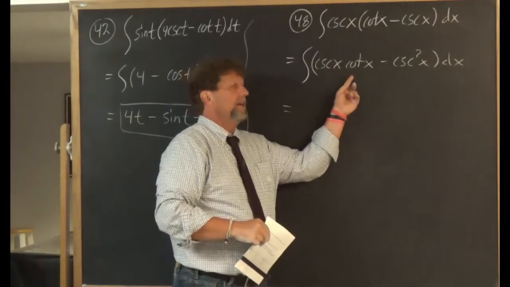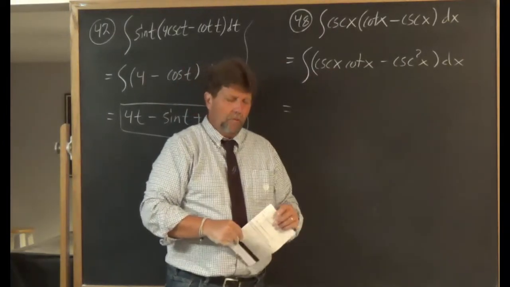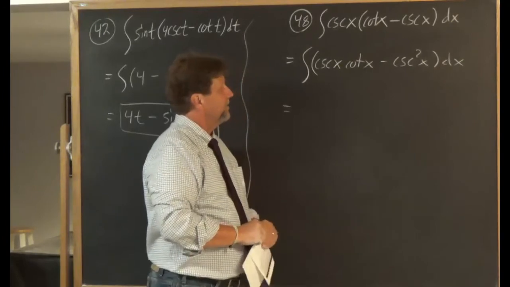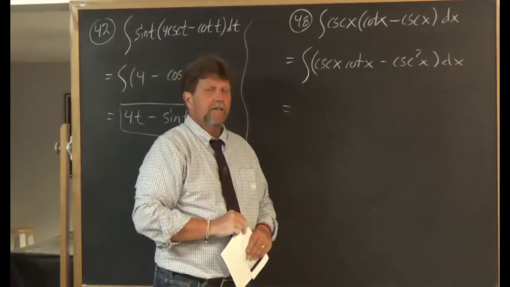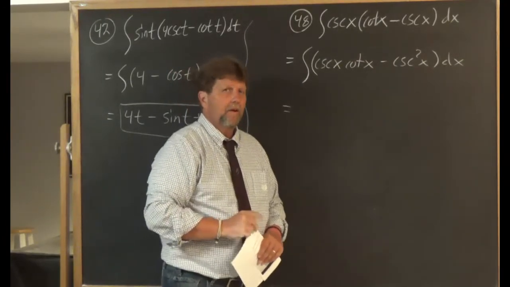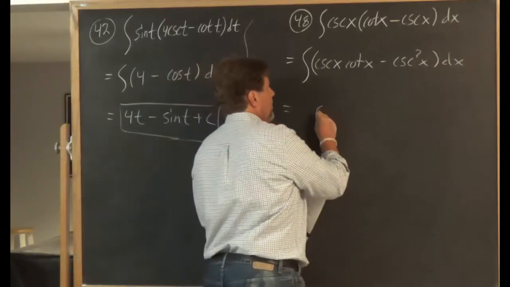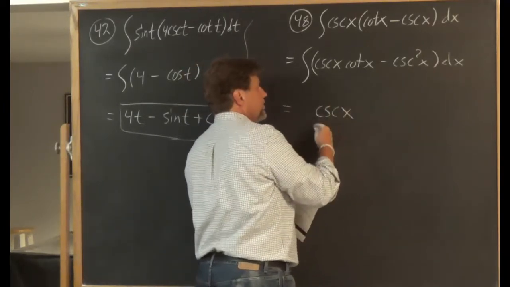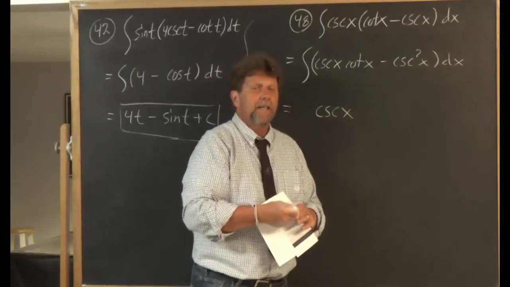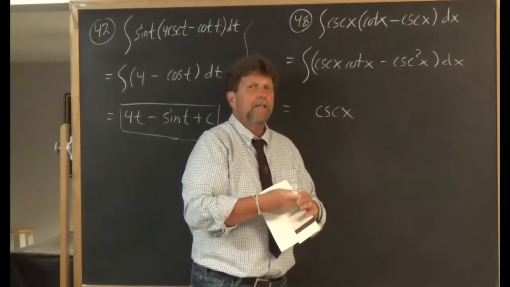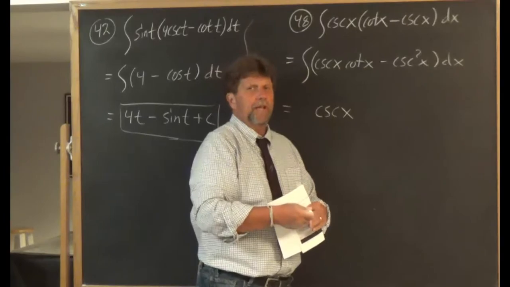Antiderivative of cosecant x cotangent x. What is the antiderivative of cosecant x cotangent x? Well, we know the derivative of cosecant is negative cosecant cotangent.